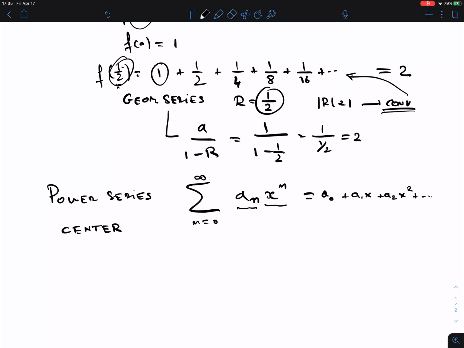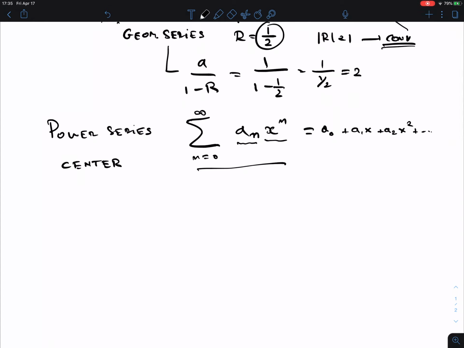In this case, I'm not going to tell you what the center is. I'm going to write down a more general case, where the center is a. Let me call the center c. It makes more sense, right? C for center. So the center is c.